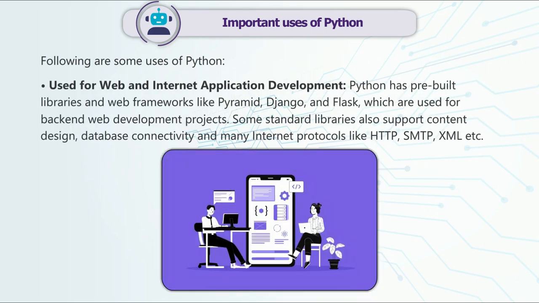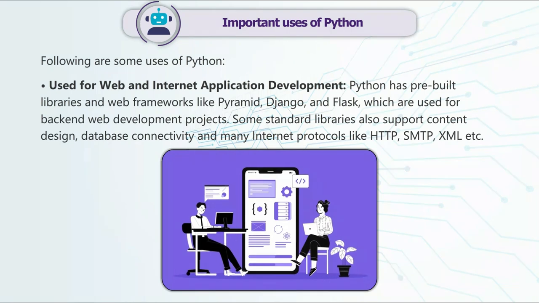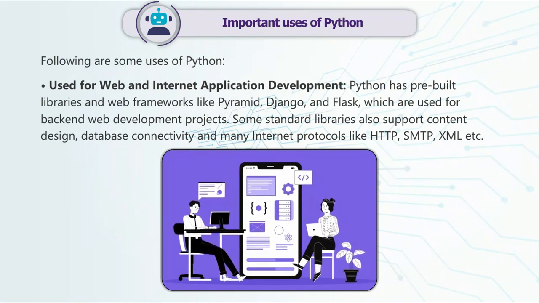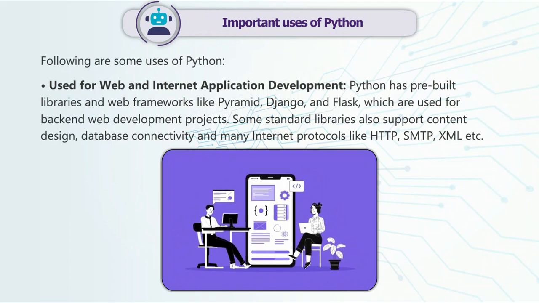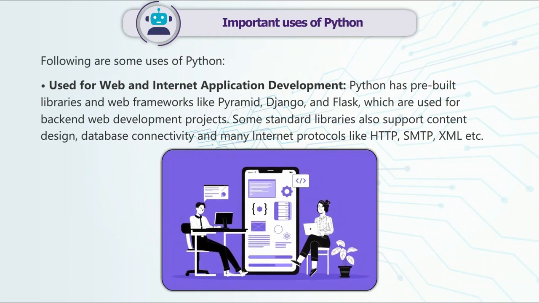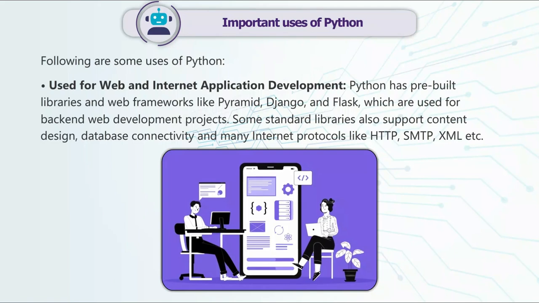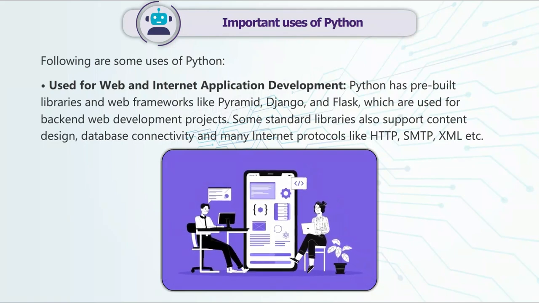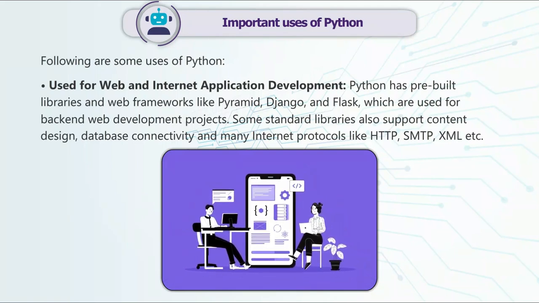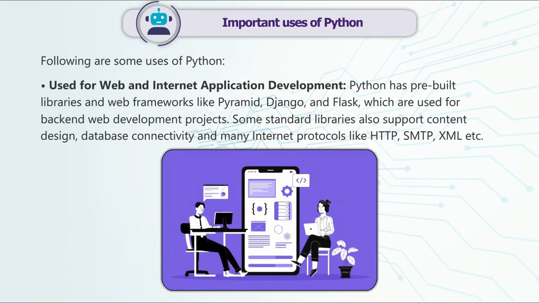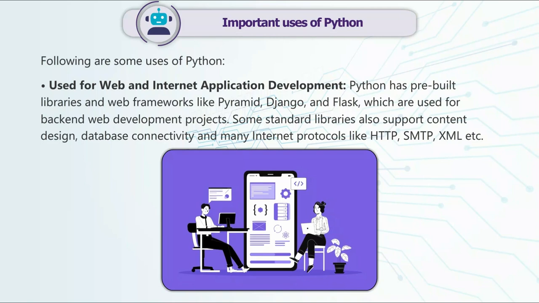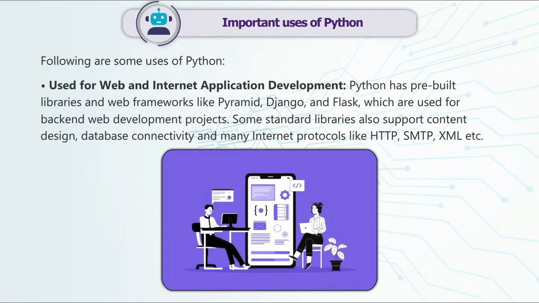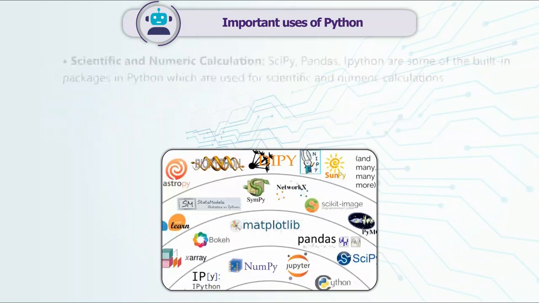Used for web and internet application development. Python has pre-built libraries and web frameworks like Pyramid, Django, and Flask, which are used for backend web development projects. Some standard libraries also support content design, database connectivity, and many internet protocols like HTTP, SMTP, XML, etc.